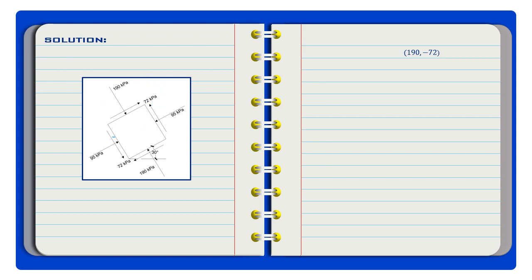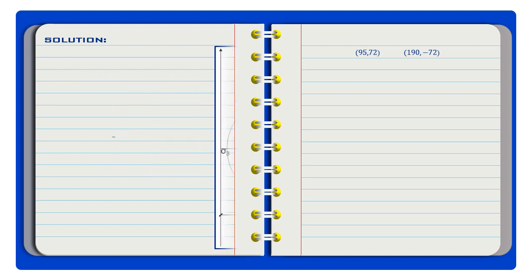Now for the stresses that are paired, which are 95 and 72, we will have an ordered pair of 95 and 72, since 95 is in compression and 72 is rotating counterclockwise. So, those are the ordered pairs that we will plot on our Mohr's circle.